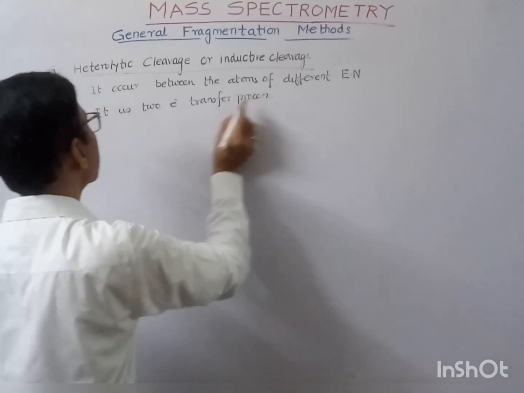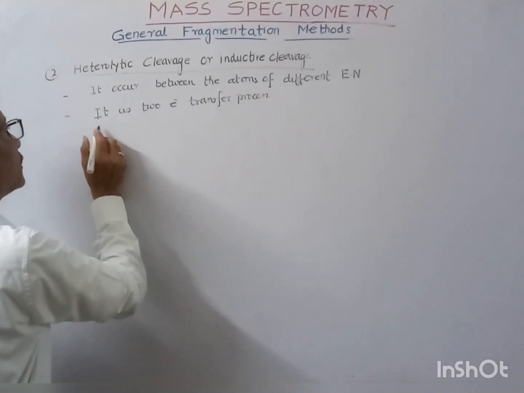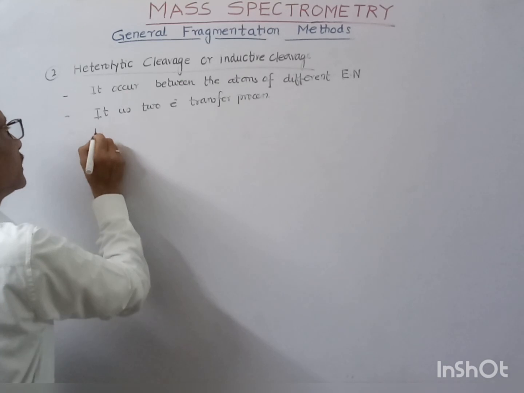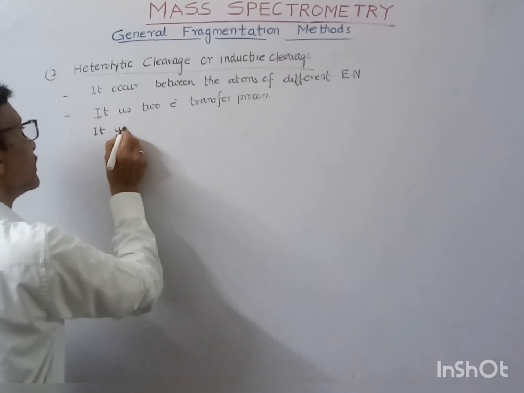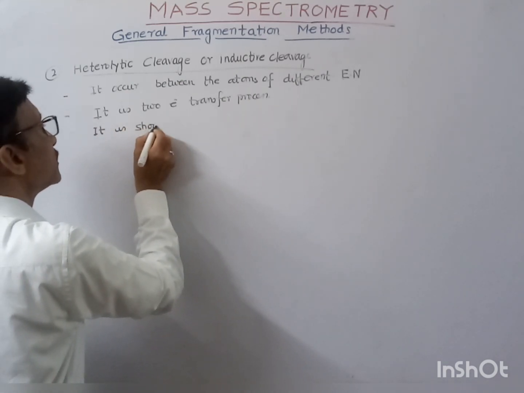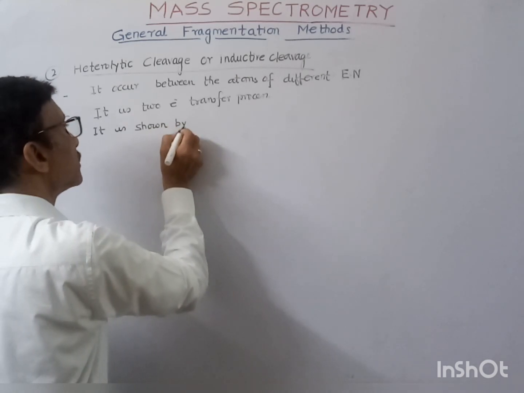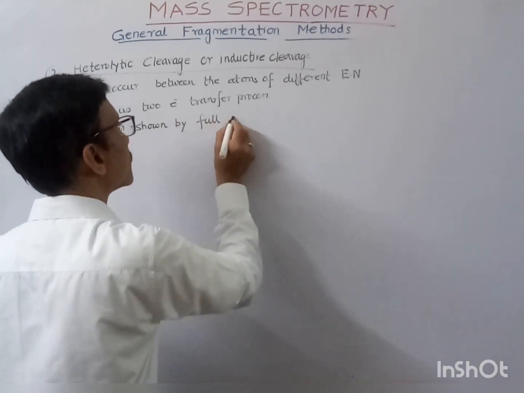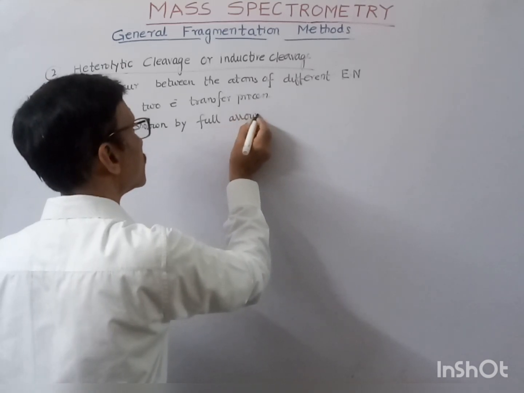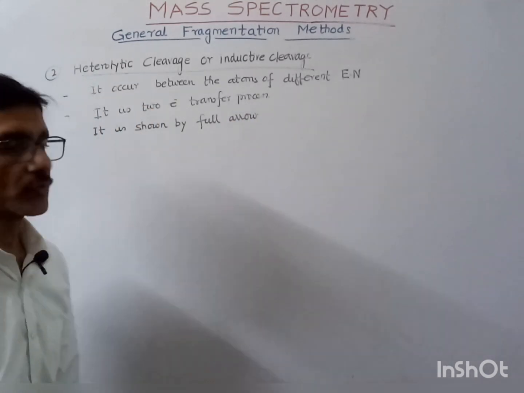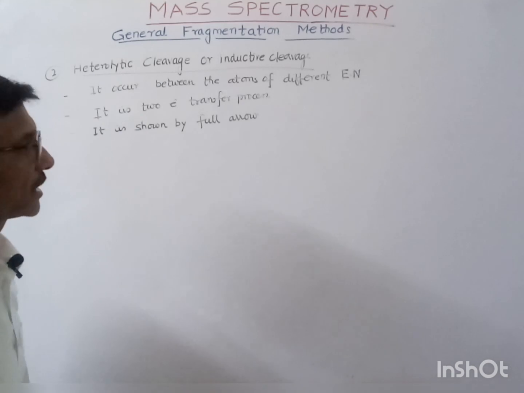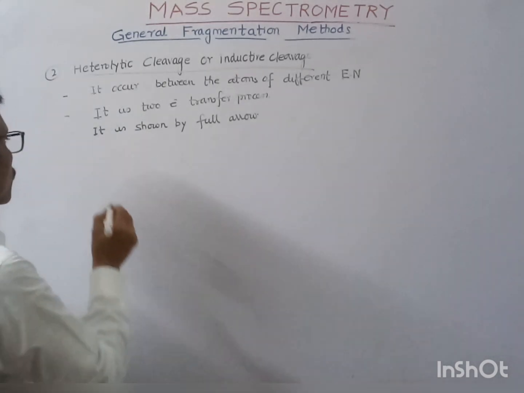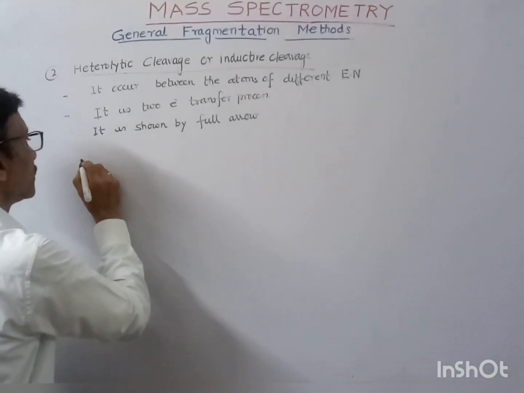And another thing is that it is shown by the full arrow, whereas that one was shown by the half arrow. Okay. Now let us take an example.